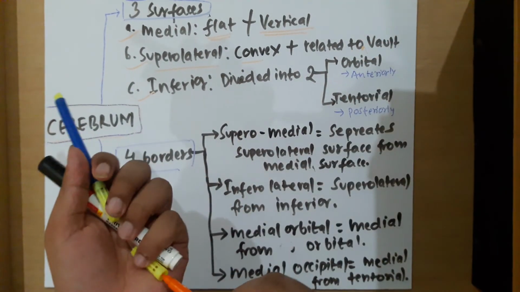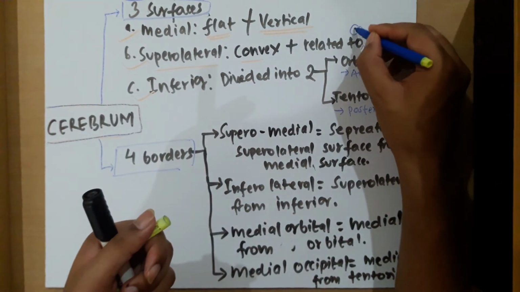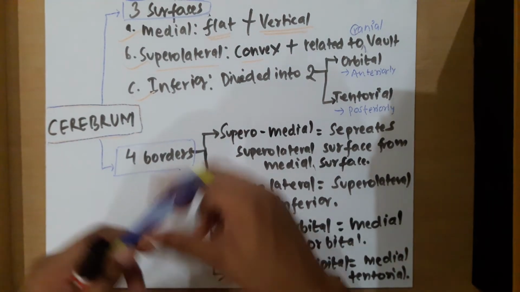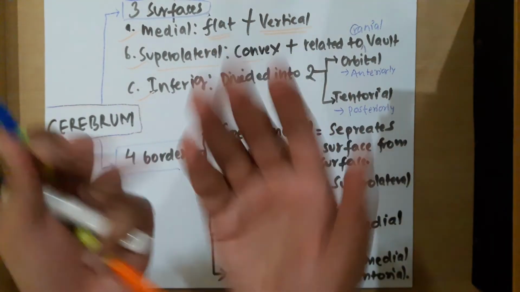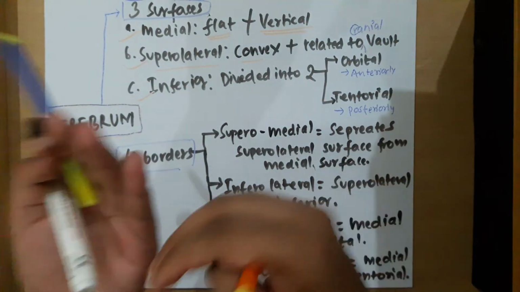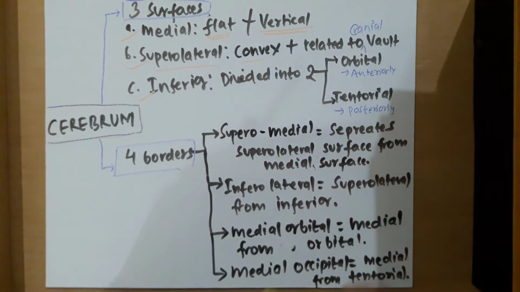The inferior surface is divided into two parts. The anterior part is known as the orbital surface, and the posterior part is known as the tentorial surface.